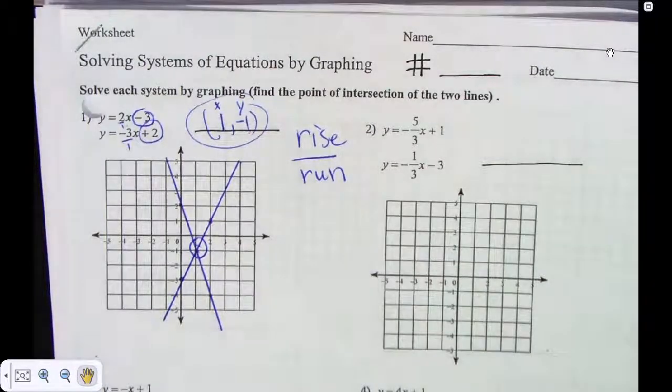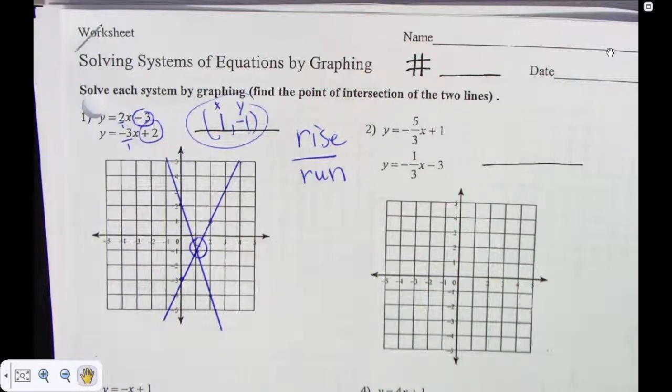That is the only point. I need everybody listening. That is the only point that works for both equations. I could put (2, 1) in both of them, but it's only going to work on one equation. Which equation is it going to work on? The first one. It's not going to be true on the next one.